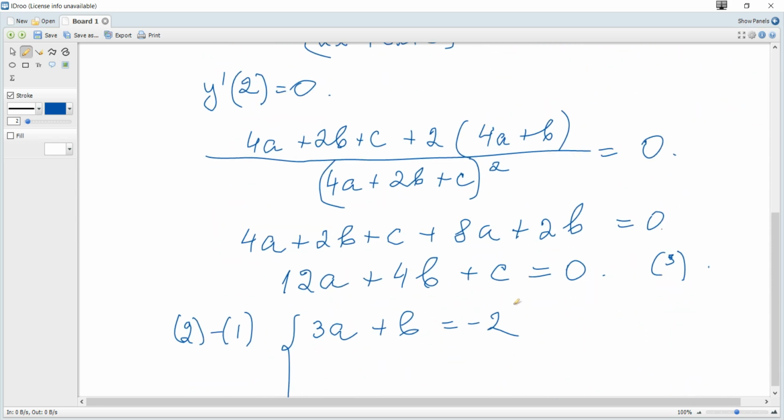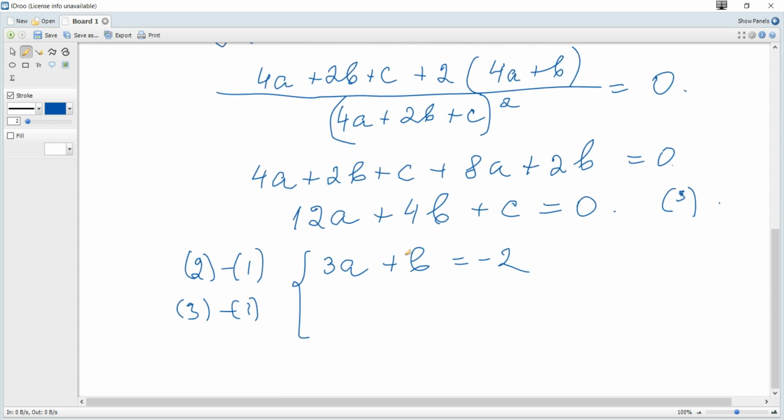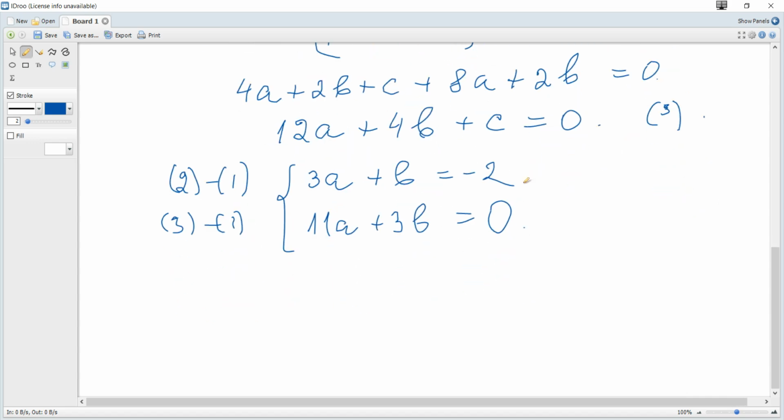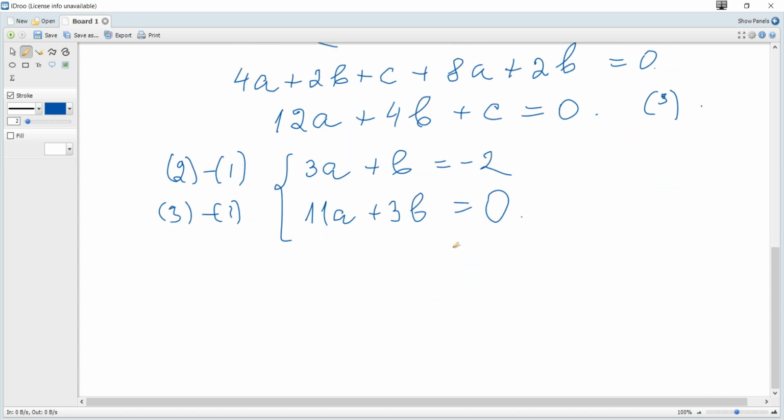So it becomes, we subtract 3 minus 1. So it's 12a minus a is 11a. For b, 4b minus b it's plus 3b, and c is 0, and 0 minus 0 is 0. And you can see that it's easy simultaneous equations with two unknown values. And you can do substitution or elimination.